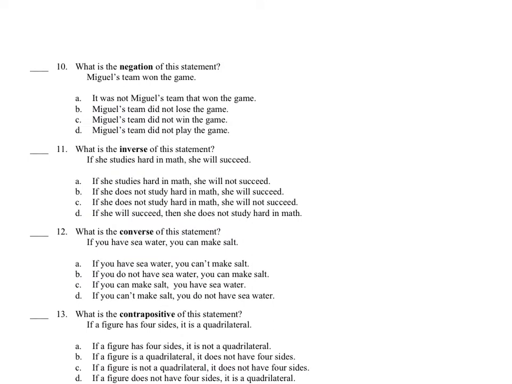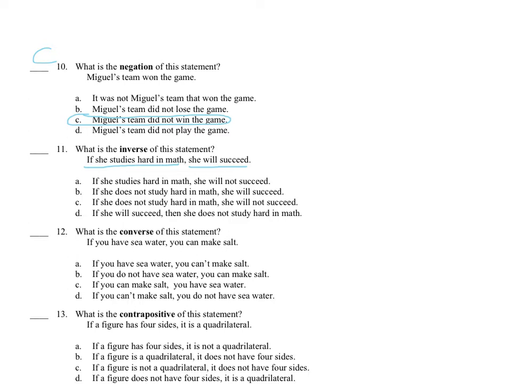What is the negation of this statement? If Miguel's team won the game, the negation would be Miguel's team did not win the game. That's C. That's the negation. You take the original statement and just put a not in there, and we get the negation. What's the inverse of this statement? So we have our conditional statement right here. This is the hypothesis. This is the conclusion.